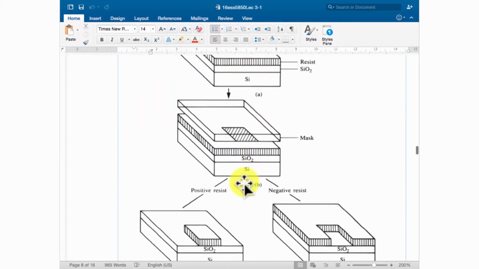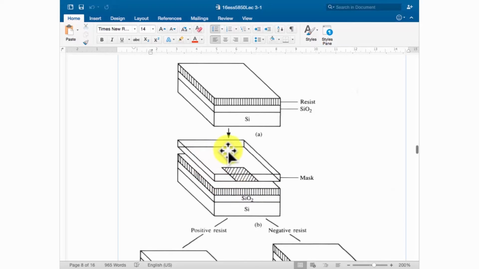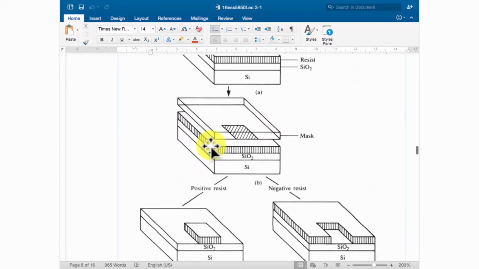There are basically two kinds of photoresist. When you have the mask, the opaque area is in the center here. On the substrate, we have already spin coated the photoresist. When you shine the UV light onto the region, the light can penetrate through the transparent area here. Then you have a positive photoresist.